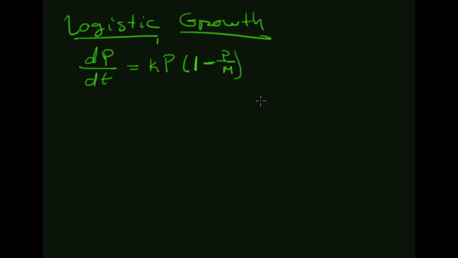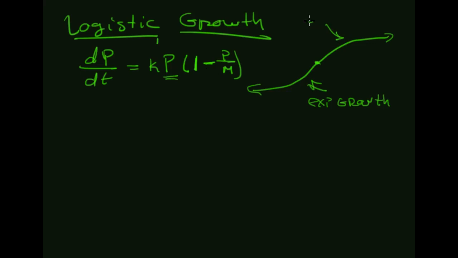What happens here is this is going to produce an S-shaped curve where you have a point of inflection here. It's always increasing. This part of the curve represents exponential growth, because that's where this P is most dominant.